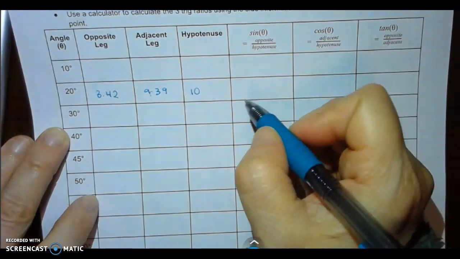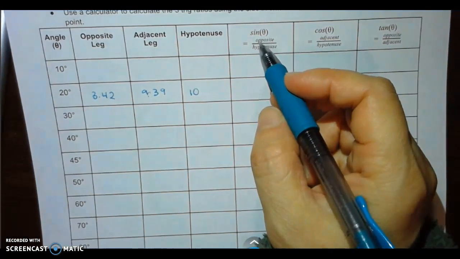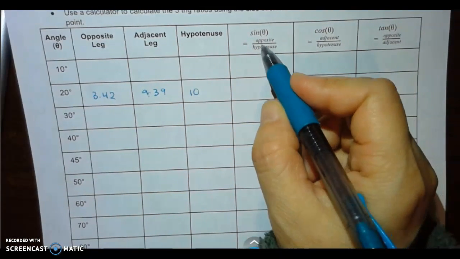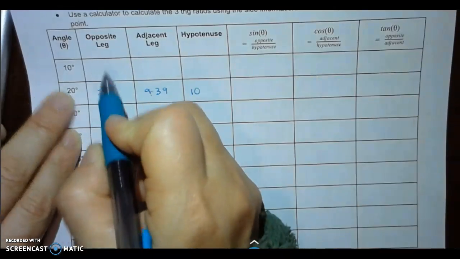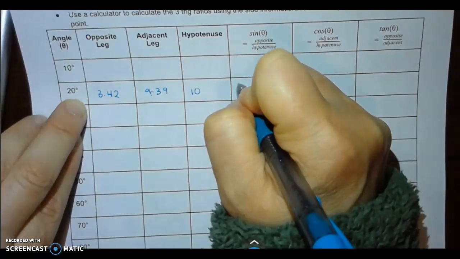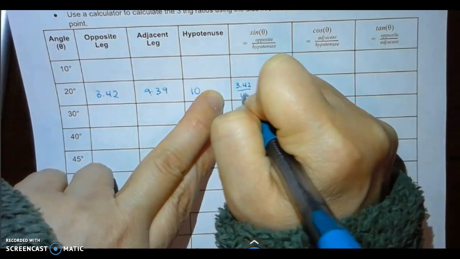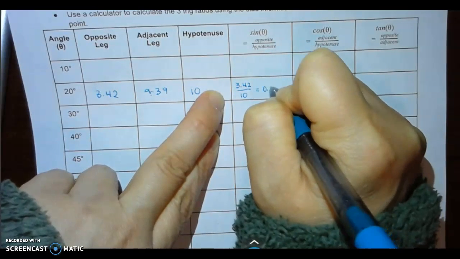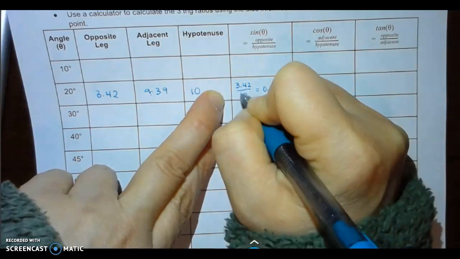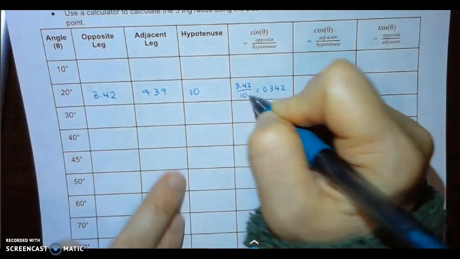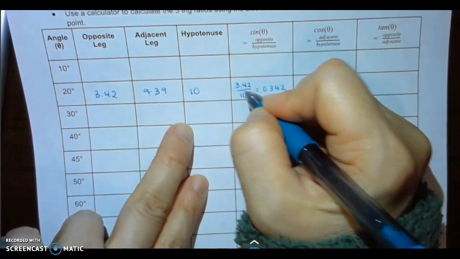Okay, so then I am looking for sine of theta. Sine of theta is opposite over hypotenuse. Opposite leg has 3.42, so 3.42 divided by 10 is going to be 0.342, because you're just moving the decimal place one place to the left.